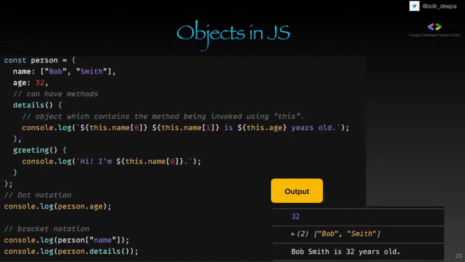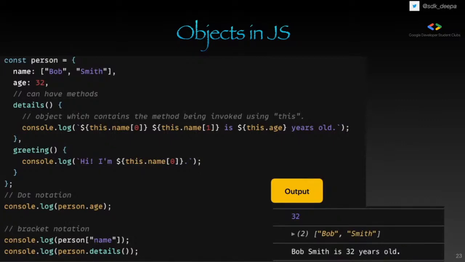This is ES6 syntax, so you should be familiar with object literal too. The object which contains this method is invoked by the this keyword, and there's another method called greeting. If you see in the output, I think you have the code. You can try it out, change the value for the array, and manipulate it to see how it works.